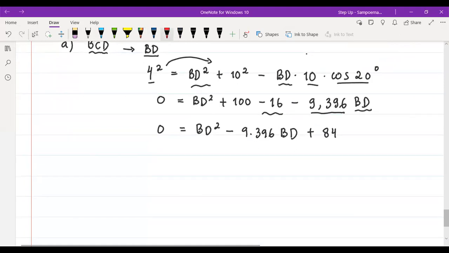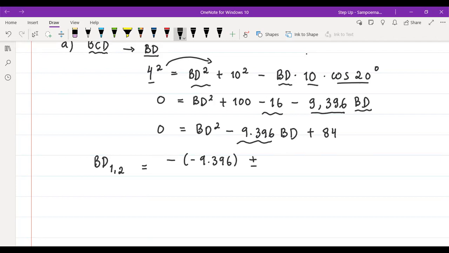For the length of BD, there are two answers, BD1 and BD2. It's just like negative of the B coefficient, so 9.396 plus minus the square root of negative 9.396 squared minus 4 times 1 times 84.